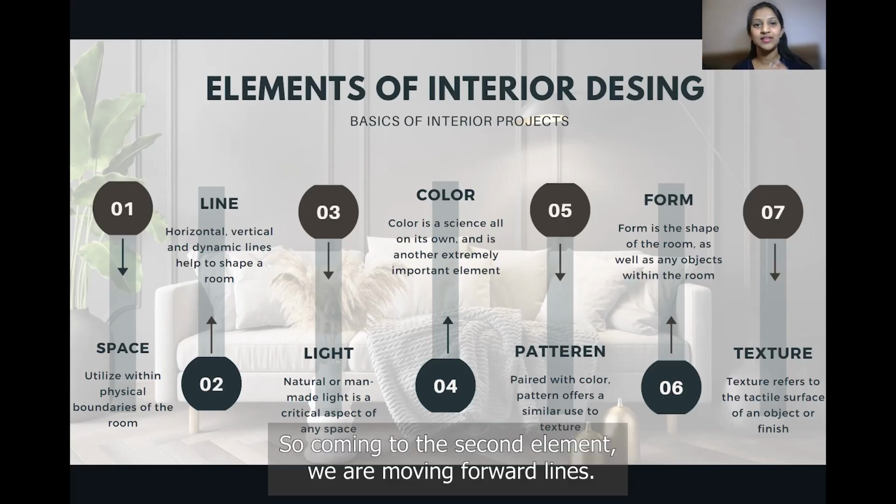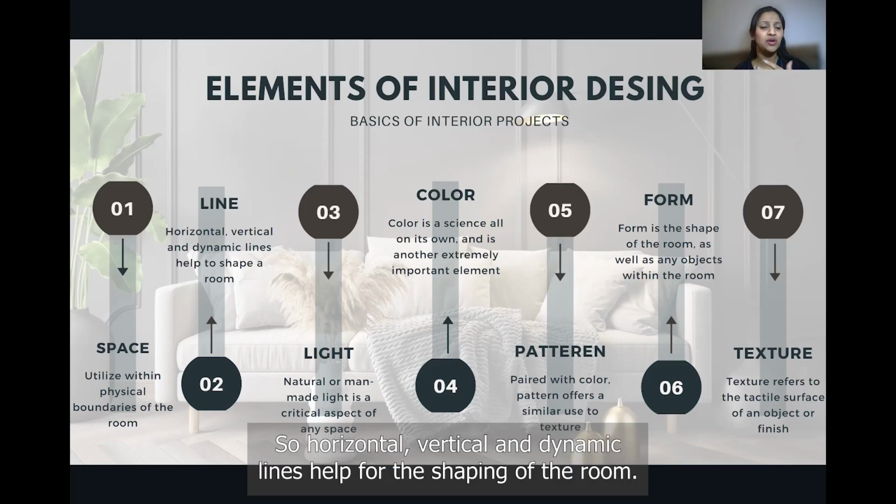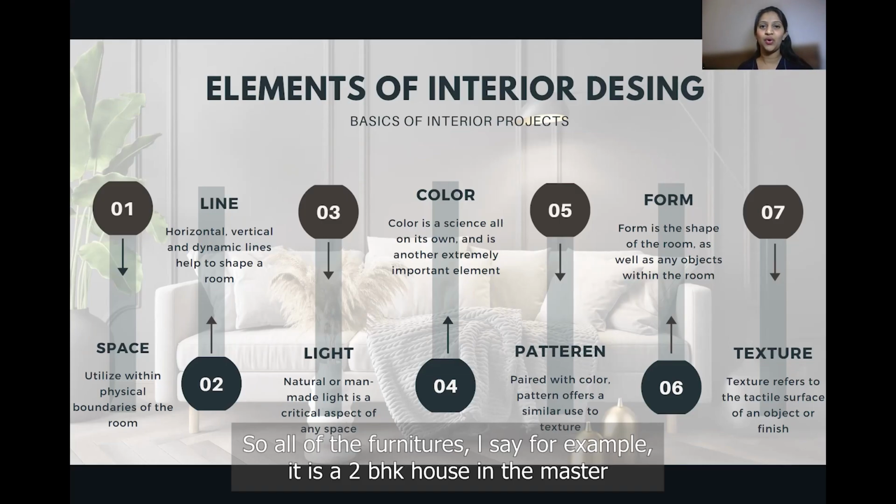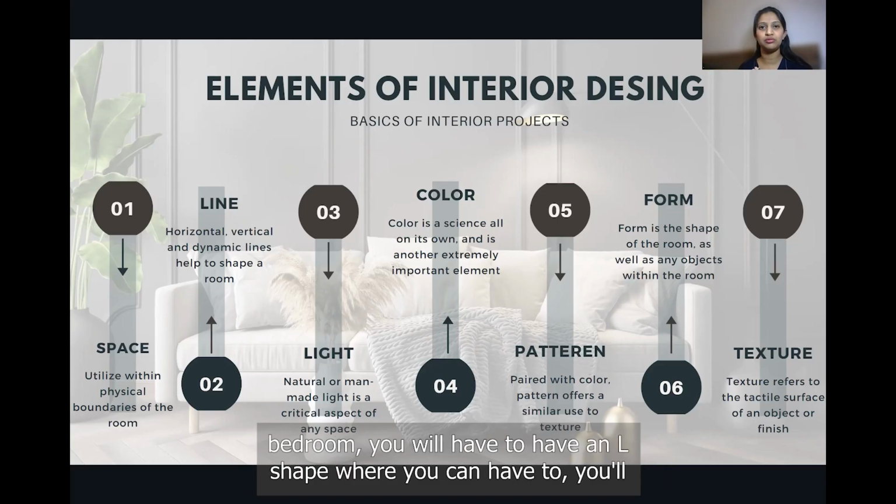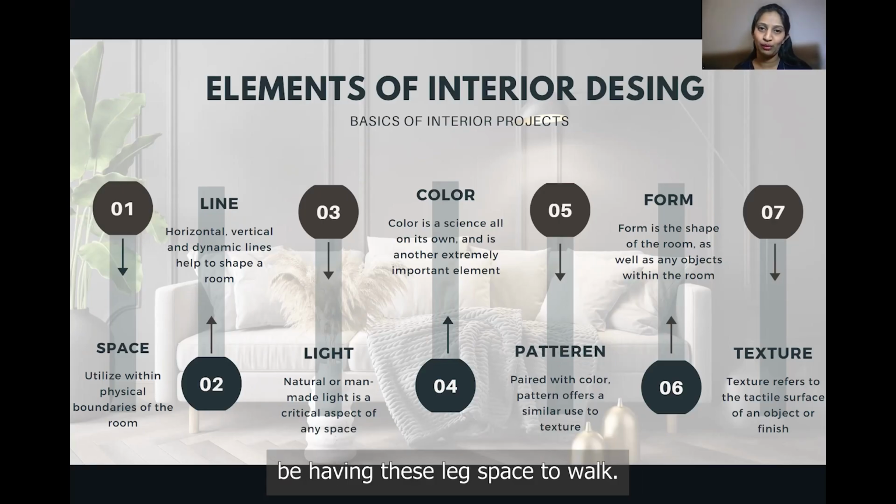So coming to the second element, we are moving to lines. Horizontal, vertical, and dynamic lines help in shaping a room. So for all of the furniture, now say for example, it is a 2 BHK house. In the master bedroom, you will have to have an L shape where you will be having leg space to walk.